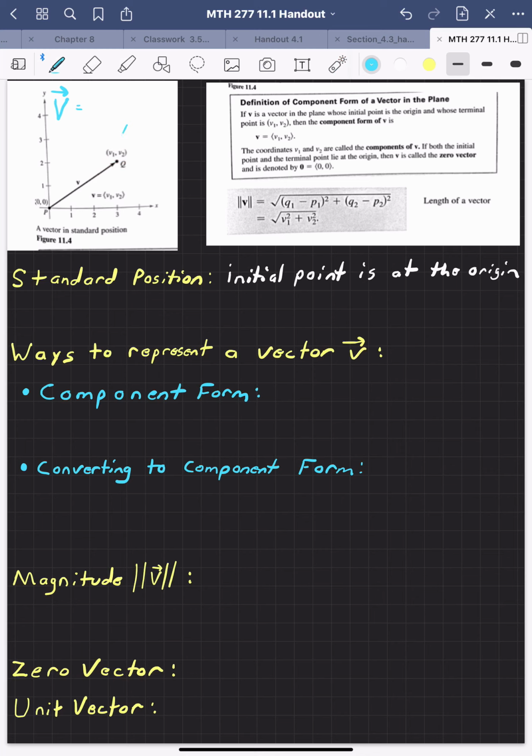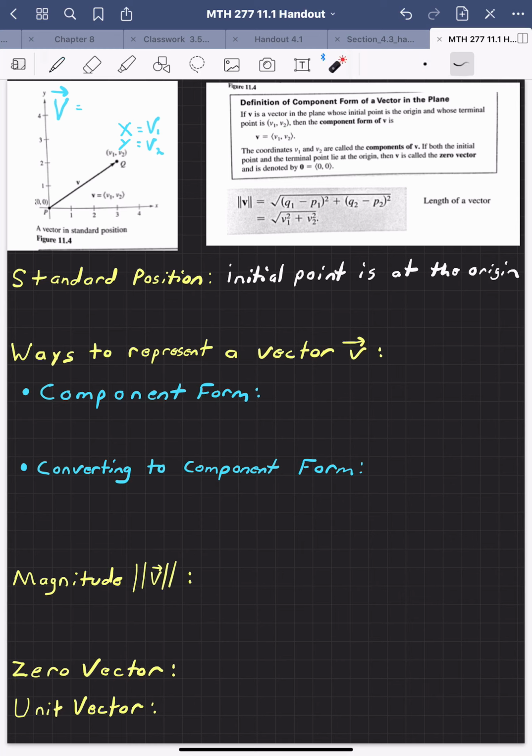I'm trying my best to capture this in the space that I have, but instead of using X, Y, they're letting V sub 1 represent X, and they're letting V sub 2 represent Y. All right.